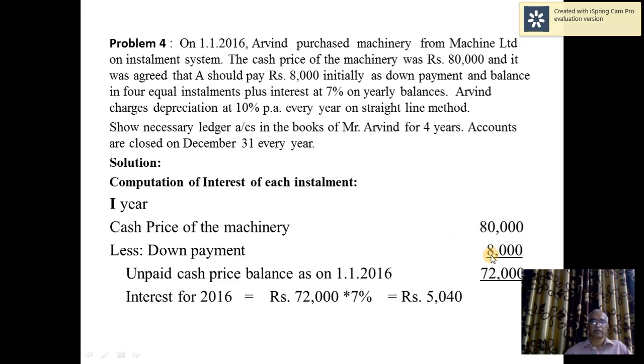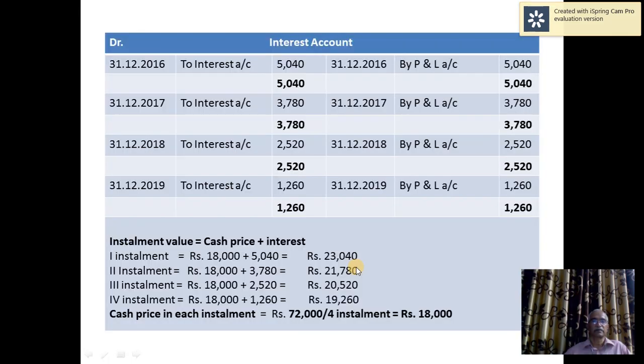So you are paying the first installment, therefore 72,000 remains. 72,000 divided by 4, so you get 18,000. Each year you are paying 18,000 towards cash price.